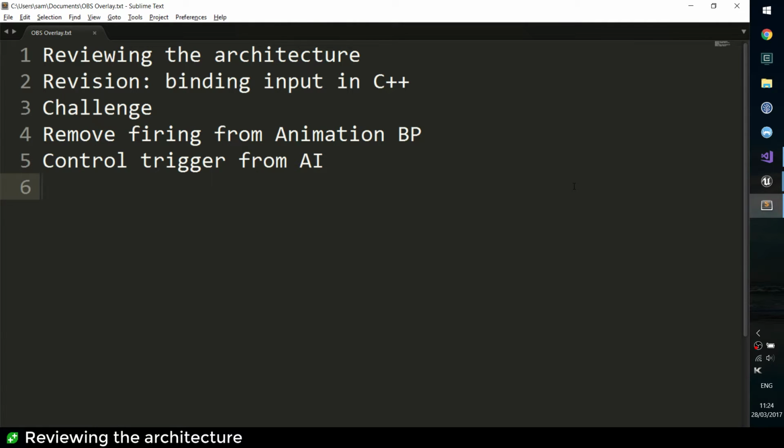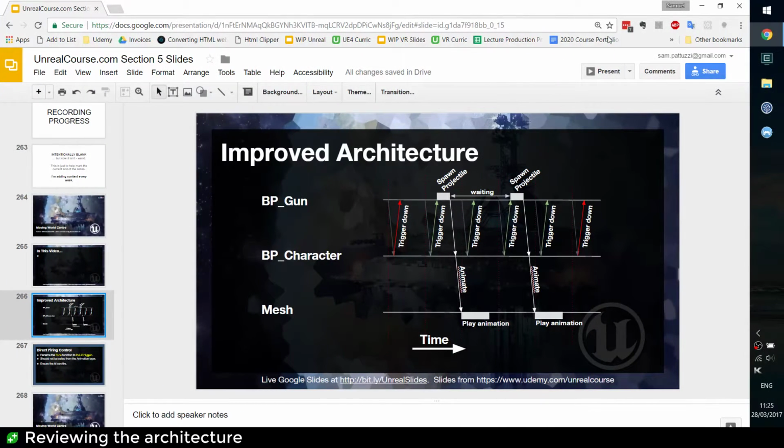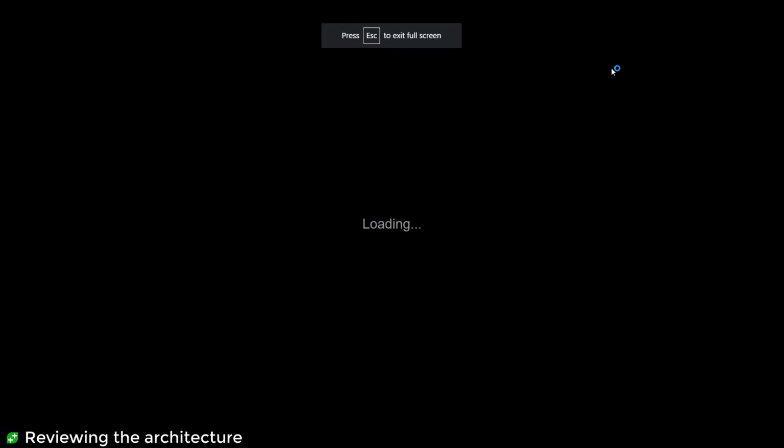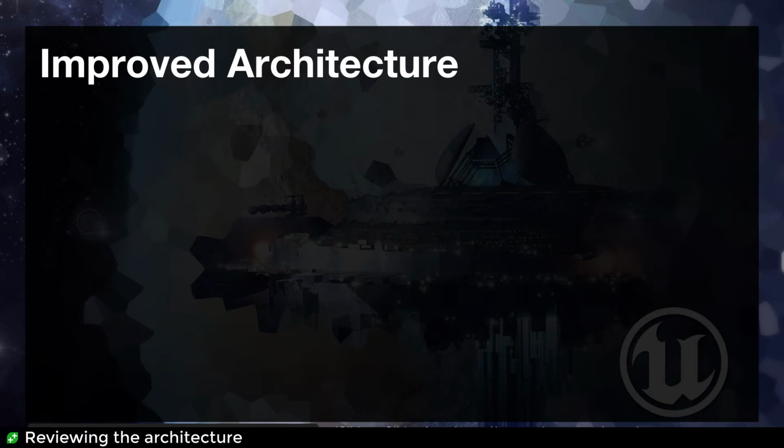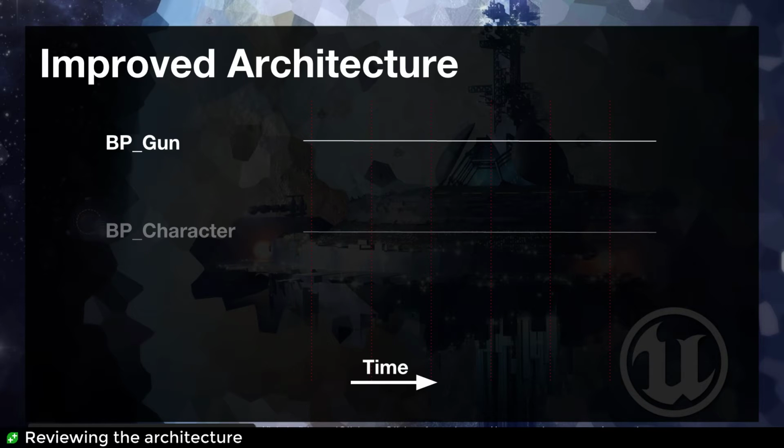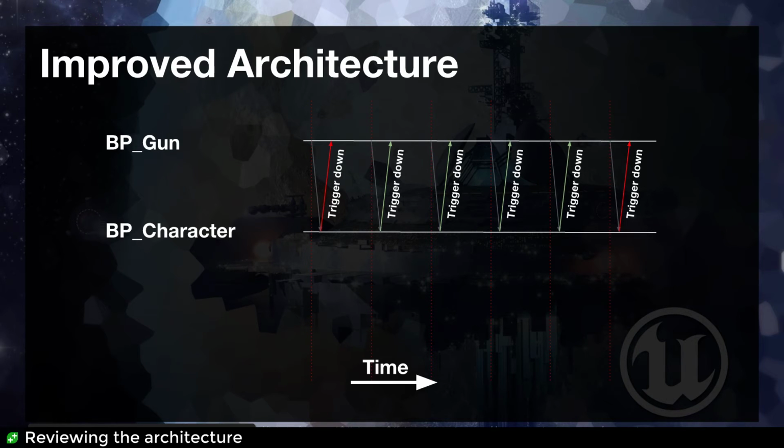So the first thing on our to-do list is to review the architecture that we have set out in the previous lectures. The architecture that we've got here laid out, that's exactly what we had previously. The components that we're looking at are the BP gun and BP character, and the gun is querying the character.